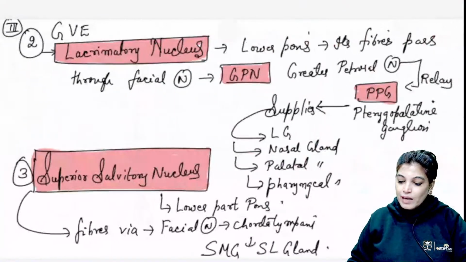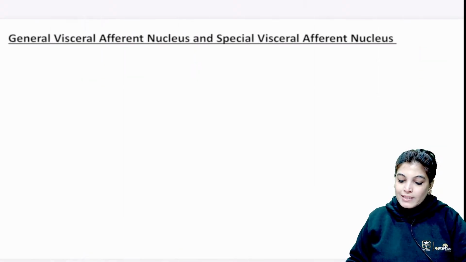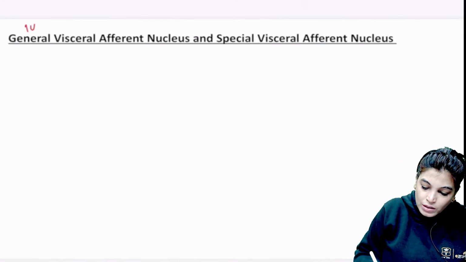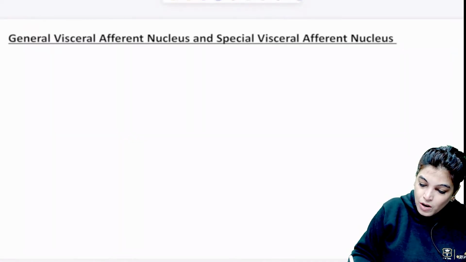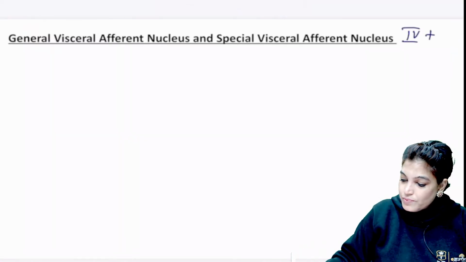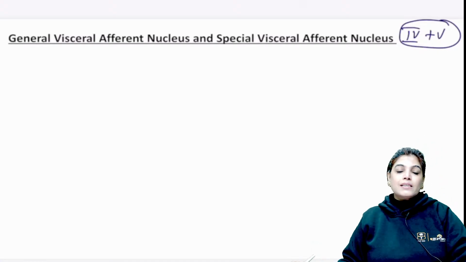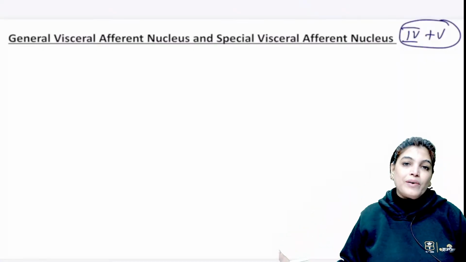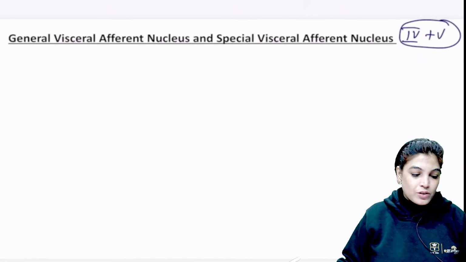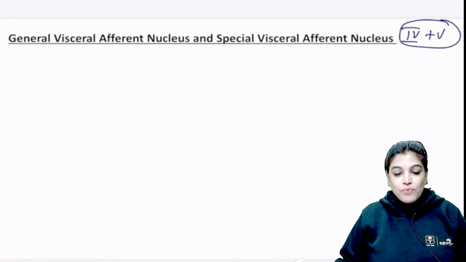Now we are left with the sensory ones, the fourth and fifth functional columns: the general visceral afferent nucleus and the special visceral afferent nucleus. It's very easy to understand.